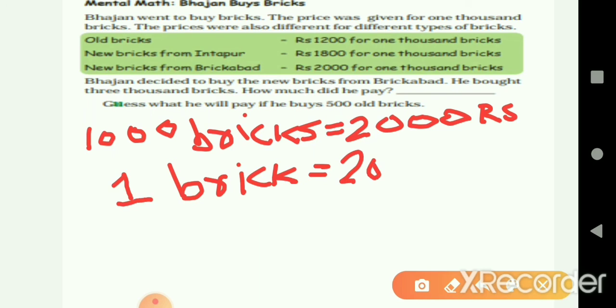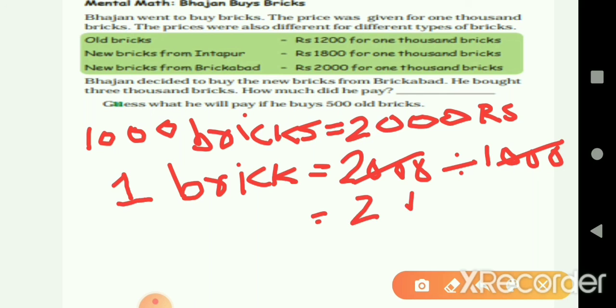So 2000 divided by 1000. When we divide 2000 by 1000, 1000 times 1 is 1000 and 1000 times 2 is 2000. So 2 rupees is the cost of one brick.